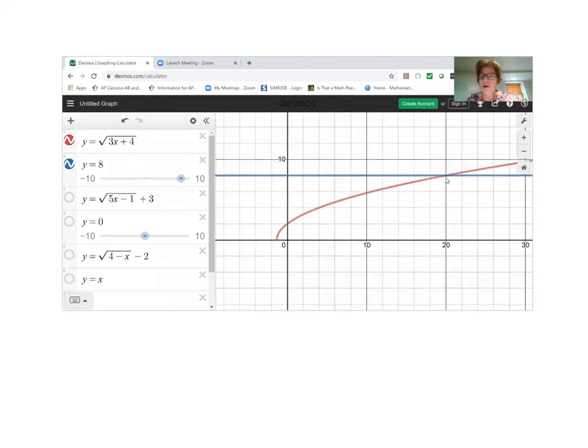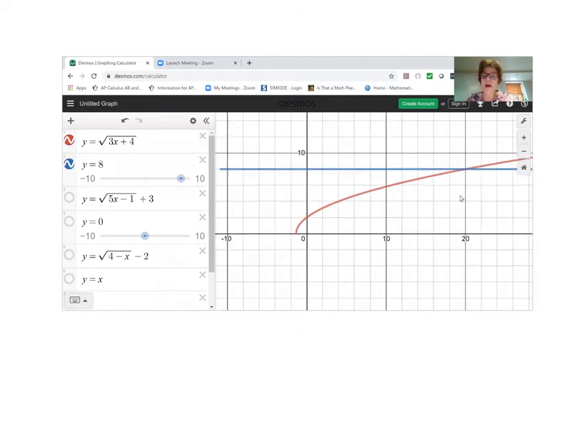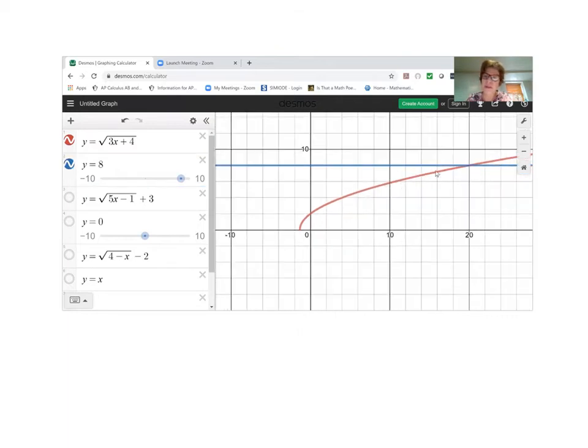And notice that these two curves intersect here, 28. Okay, a square root function, which is the square root of a linear function, will always have this appearance. Notice that it is always above the x-axis.